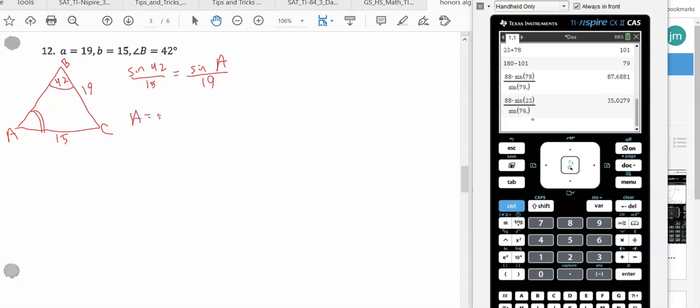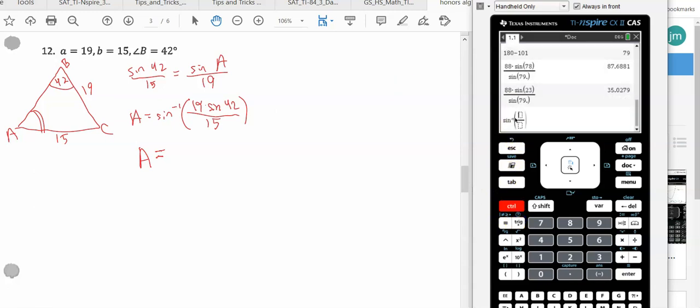So A equals the inverse sine of a big fraction. It's going to be 19 times sine of 42 divided by 15. Okay, so I'm going to do this because I'm pretty sure this is going to be a two-solution problem.